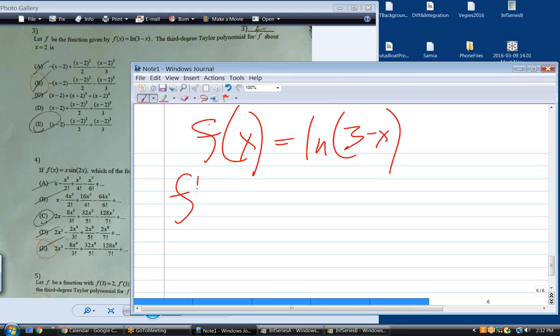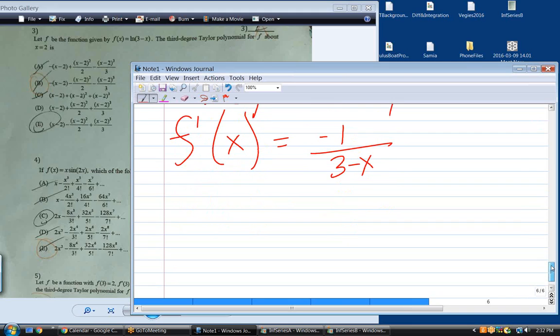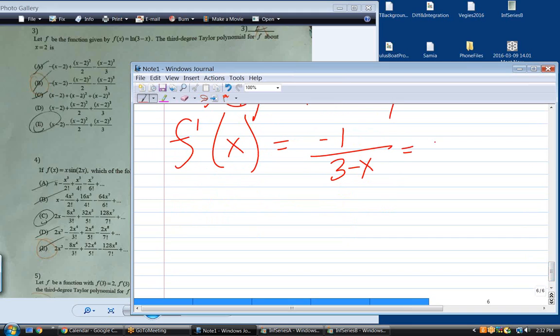What's the first derivative? One over 3 minus x, times the derivative of the inside, which is negative x, so negative. And this is minus 3 minus x to the negative 1.